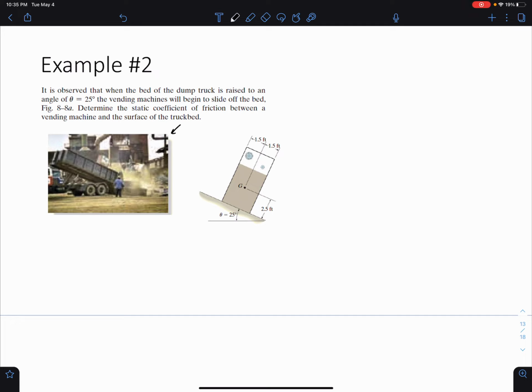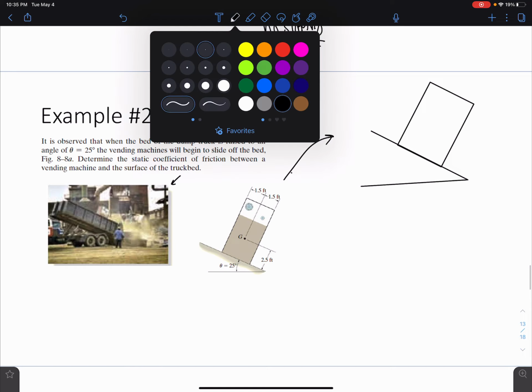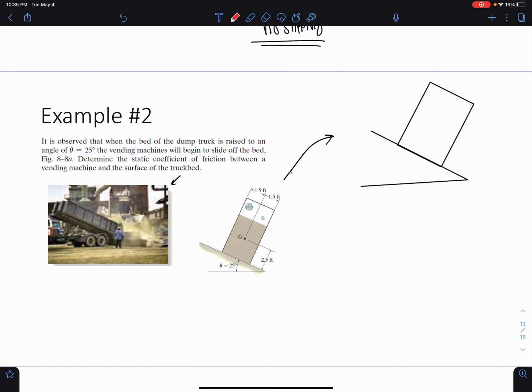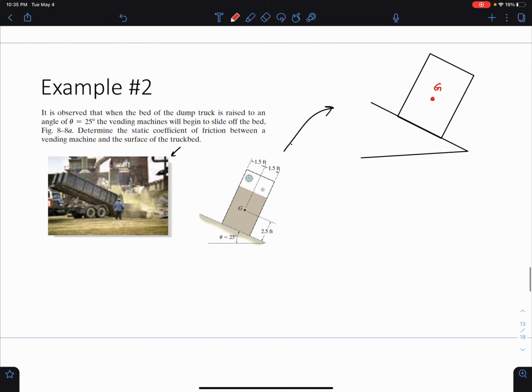on the side here. So again, I'm going to start by drawing the FBD off to the side. And RG is right here. We have some weight.